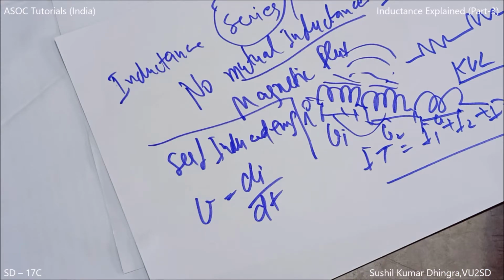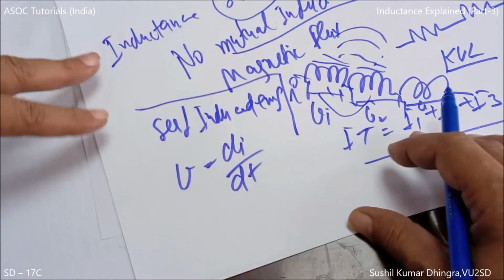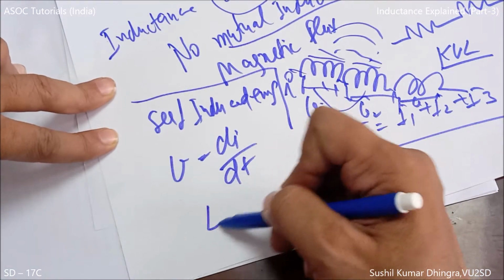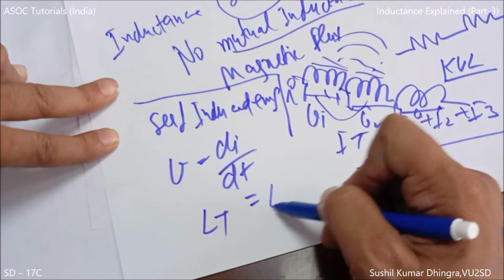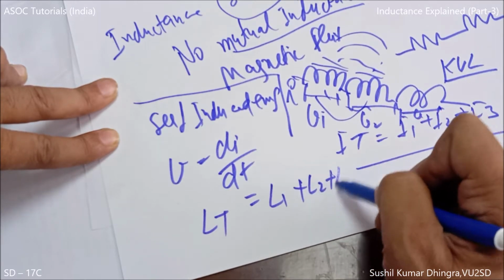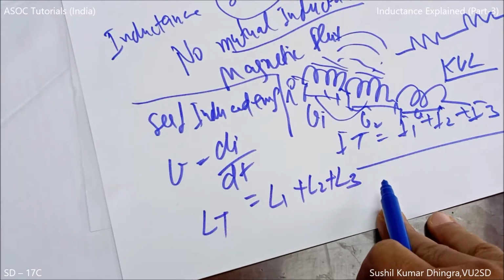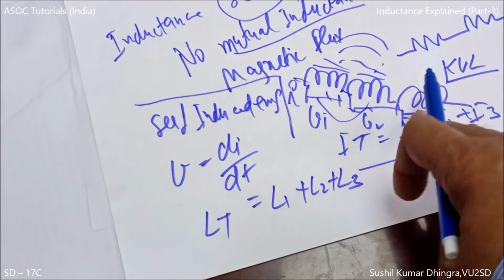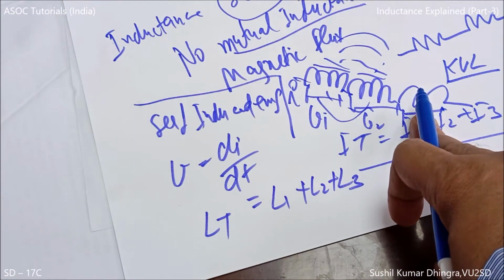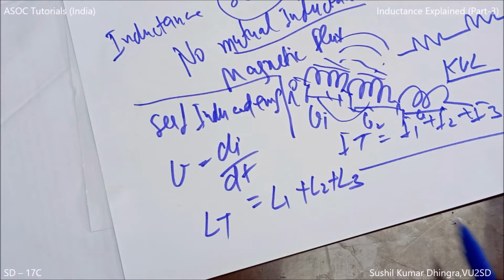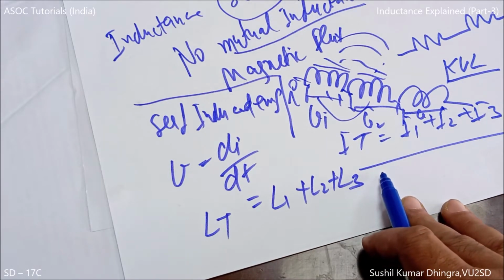What is the formula for the series equation? Like resistors, I told you, LT is equal to L1 plus L2 plus L3. Simply, we can take it as the algebraic sum of all inductors connected in series, like you have done in resistance also. Here you have to keep it in your mind.